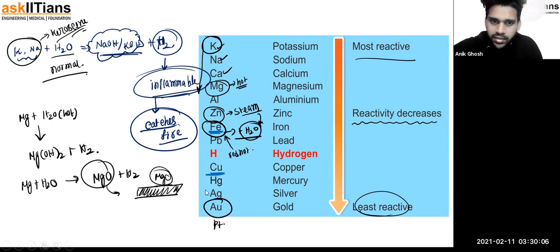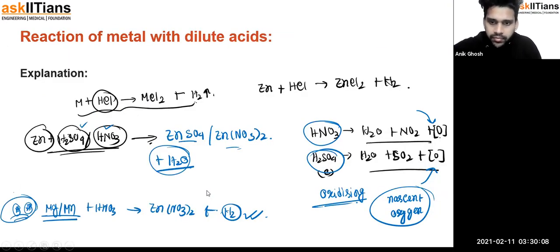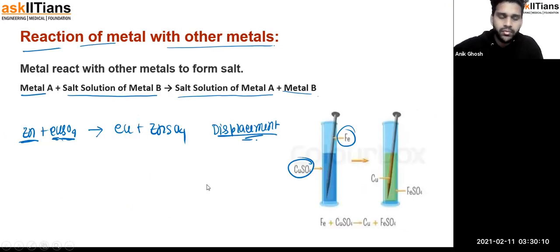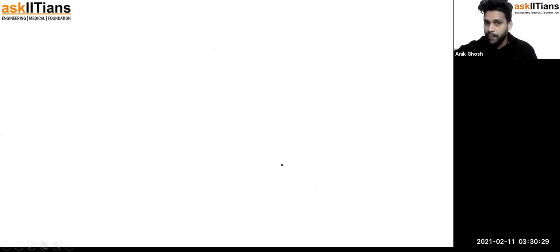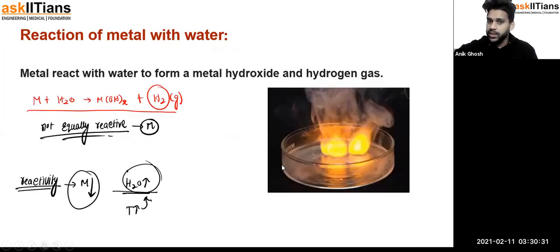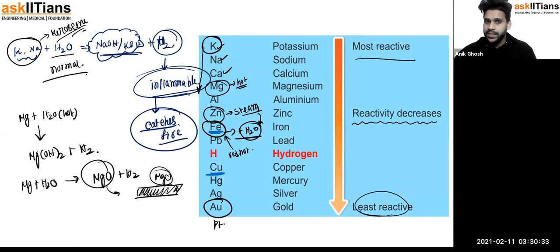What I mean to say is, when you have iron or zinc with copper sulfate, whatever it is, it would try to react and get to this result as soon as possible. Now, it would only happen if the metal is placed above the other metal.